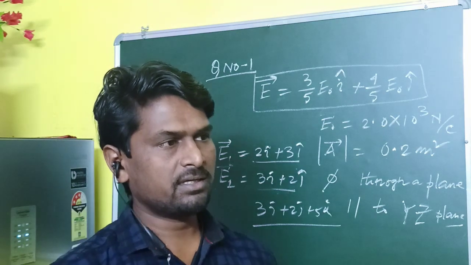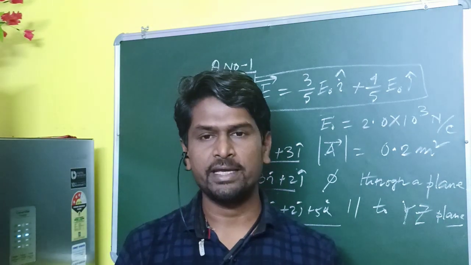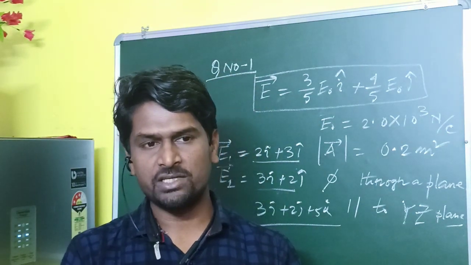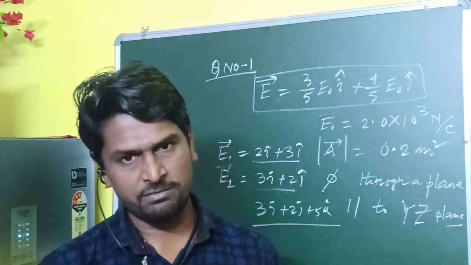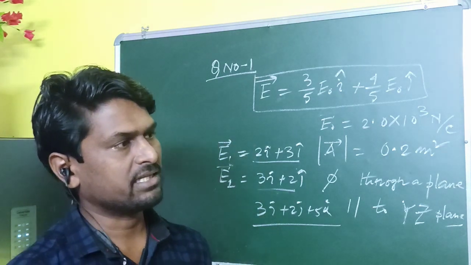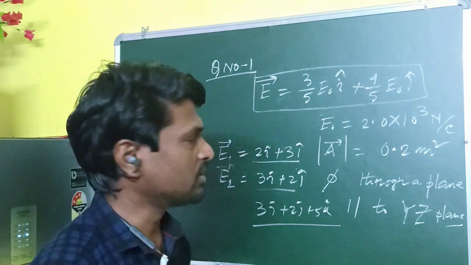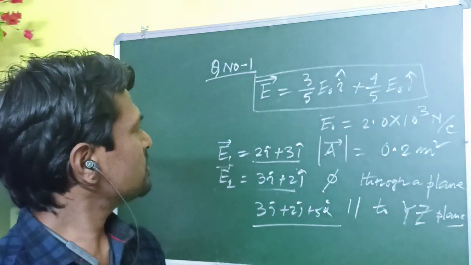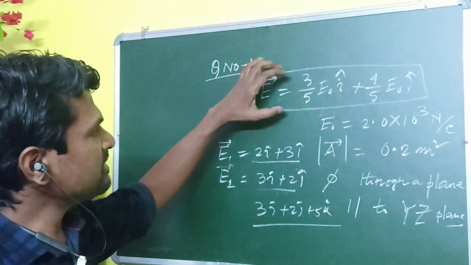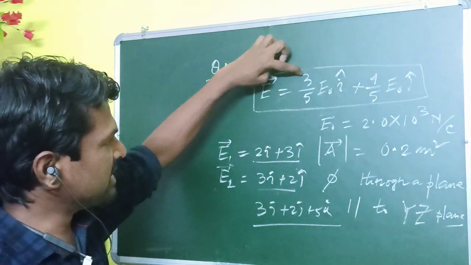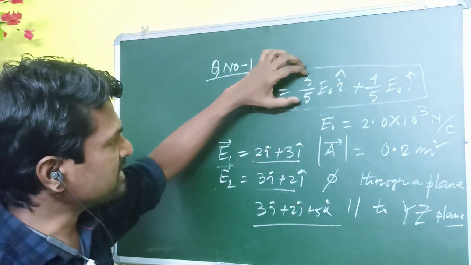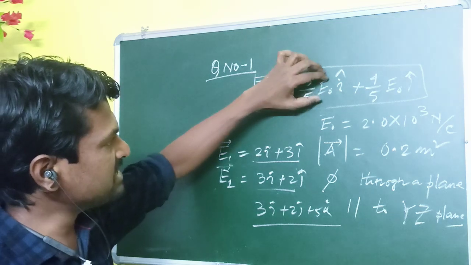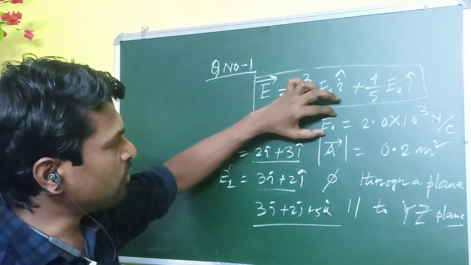So it is a space in which, in different directions, the component of the electric field intensity may be different. Okay. So the electric field is given along the x-axis with magnitude 3/5 of E naught, which is the peak value of the electric field.